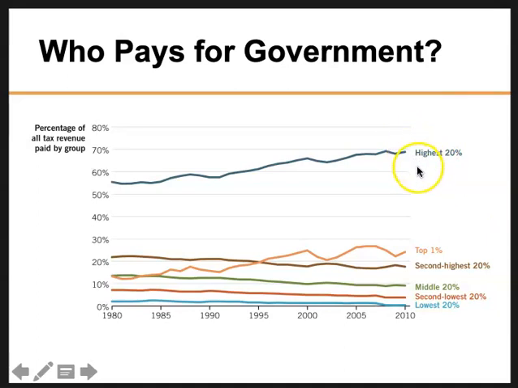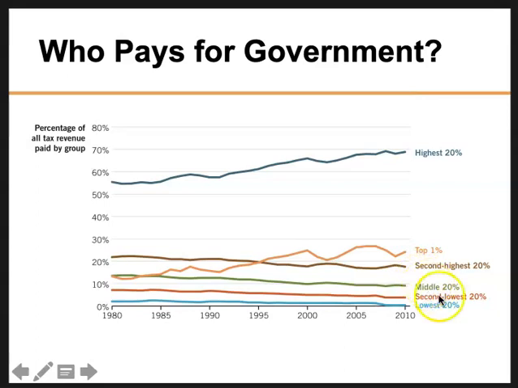Okay, so the top 1% of all income earners, just the 1% highest income in the economy in the United States, paid around 25% of all income taxes paid in year 2010.